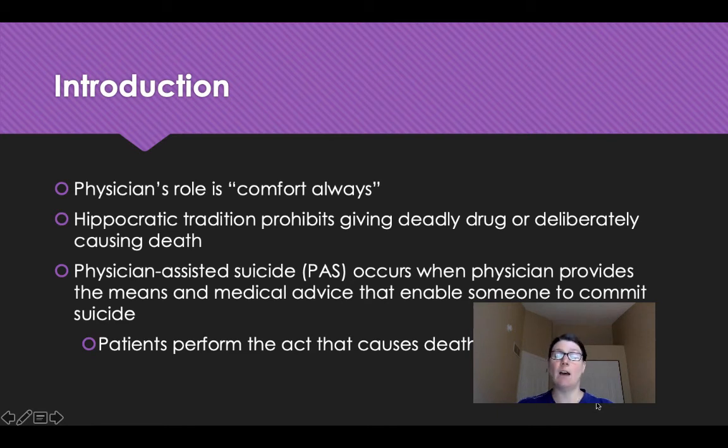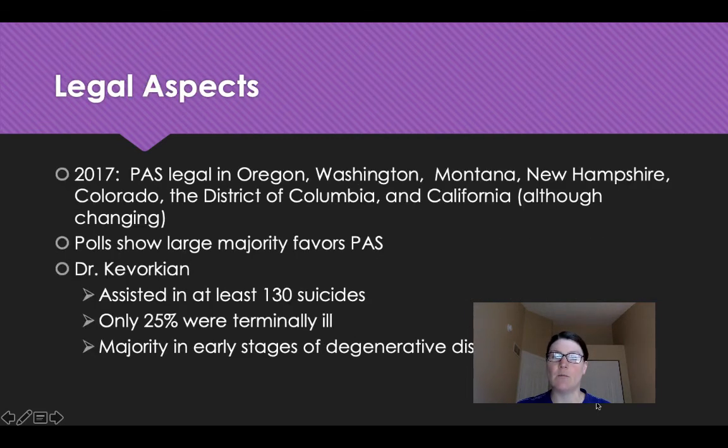But we do have states that allow physician-assisted suicide, which is a situation where the physician provides the means and the appropriate instructions on how to enable someone to commit suicide. But the patients themselves are the ones that perform the act. Ultimately, it's the ultimate autonomy in that case, but the physician provides them with what they need to do.